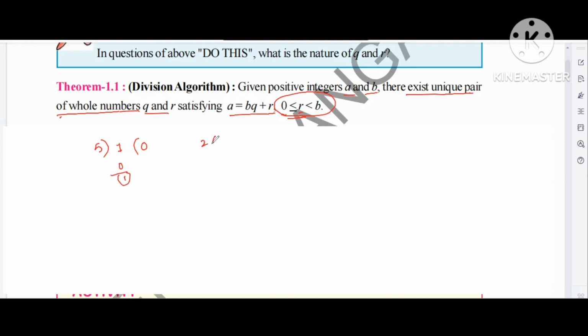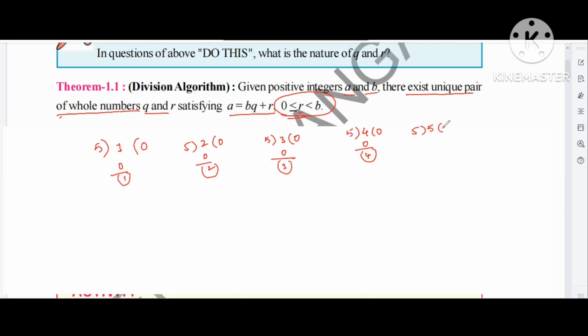Dividing 2 by 5, again the quotient is 0 and the remainder is 2. Dividing 3 by 5, again quotient is 0, remainder is 3. And if you divide 4 by 5, again we get remainder 4.